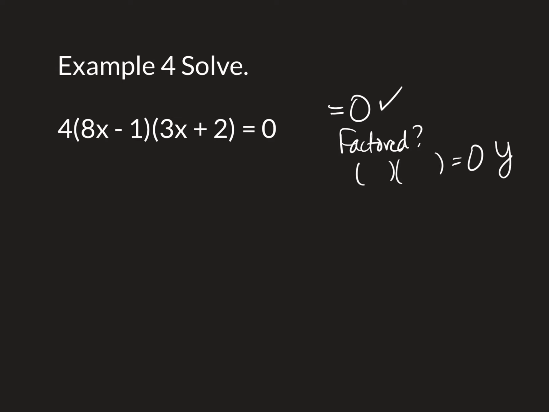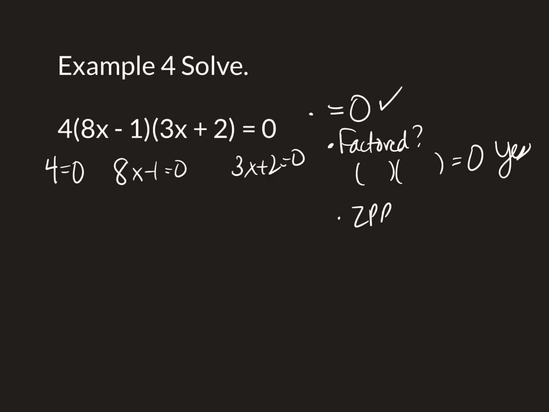And yes, we do. It is factored already. And now we're going to do the zero product property, where you set each factor equal to 0. Now this one actually has 3 factors. 4 is a factor, 8x minus 1 is a factor, and 3x plus 2 is a factor.